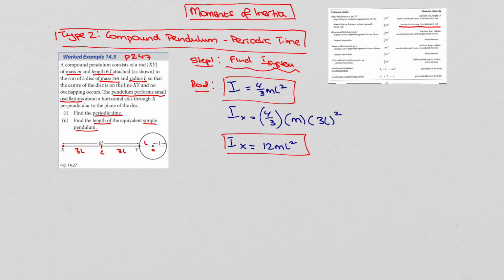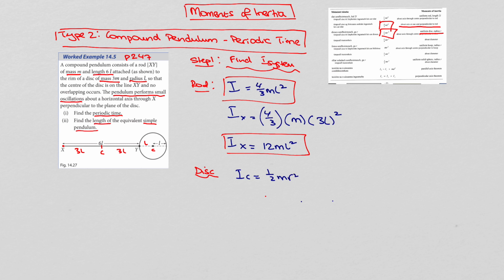Okay, so if we look at the disc, first thing we see is on the top of page 53 here, we have the uniform disc, which is a half mr squared. And that's through its centre C. So the moment of inertia through C is a half mr squared.